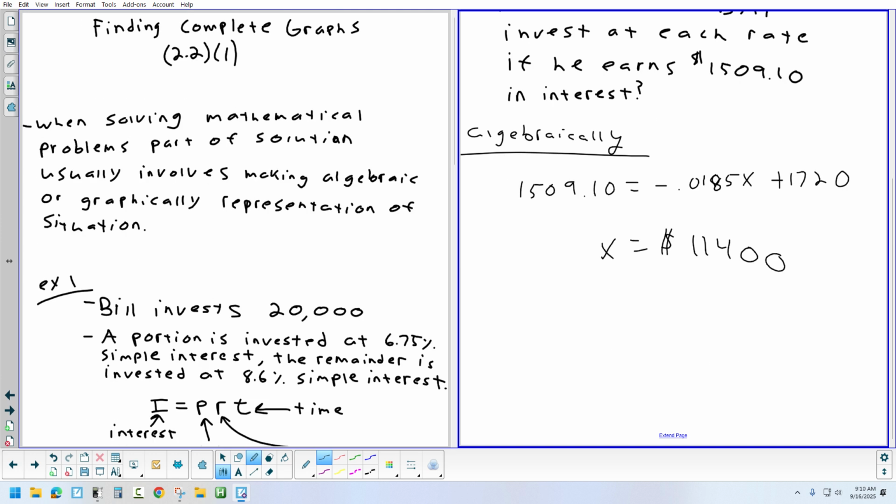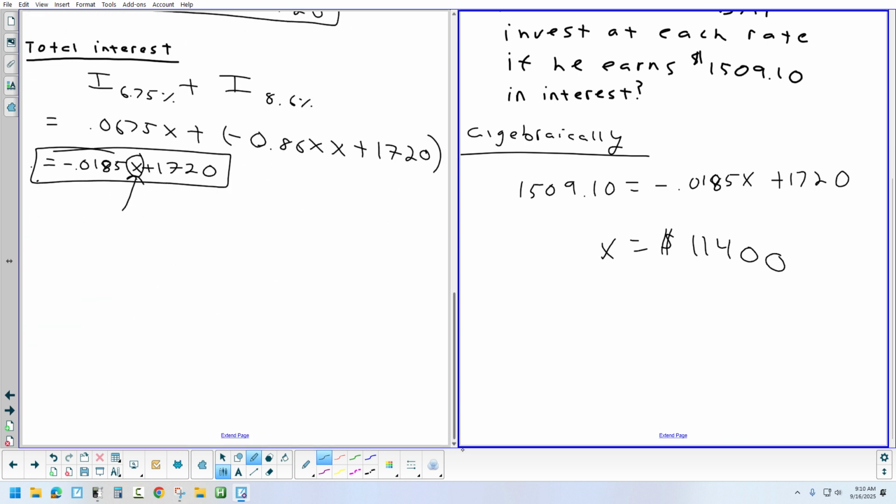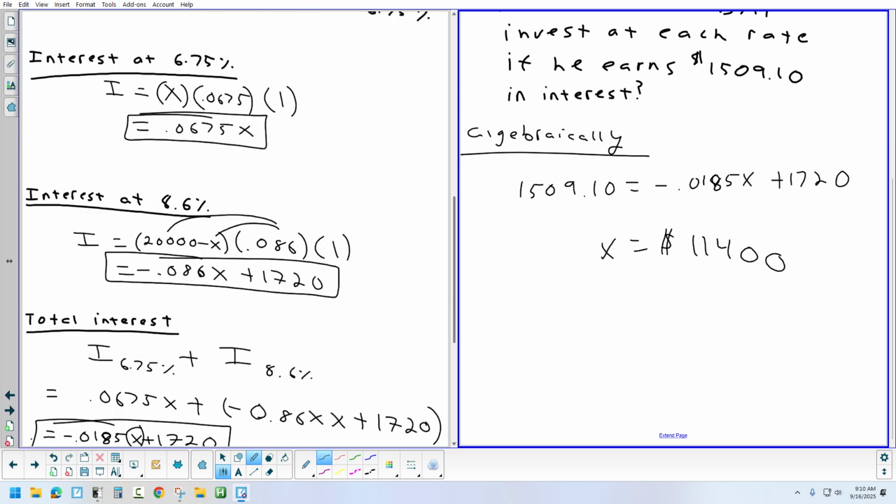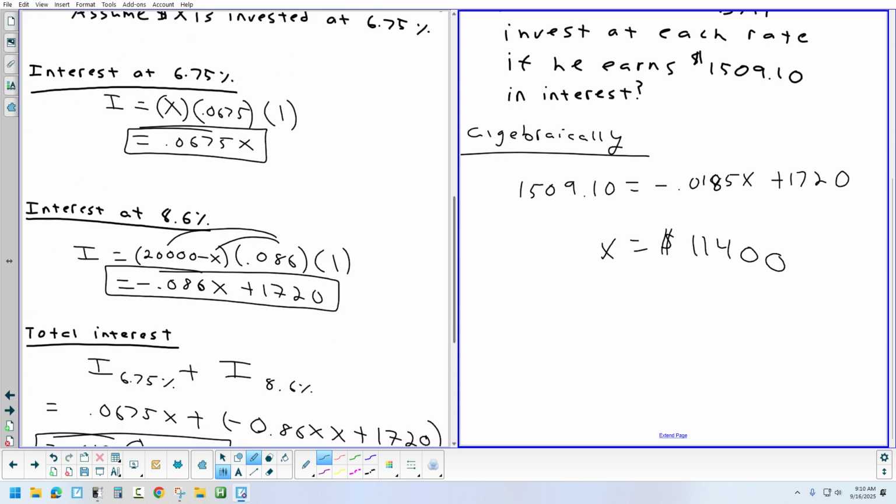And specifically in our word problem, that $11,400 is what amount? The amount that he invested out of the 20,000. Can you be a little bit more specific? It is an amount of money that was invested, out of the 20,000 that he put into both of them.